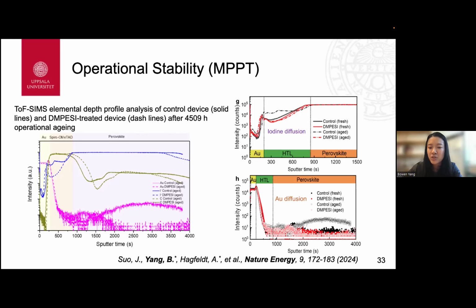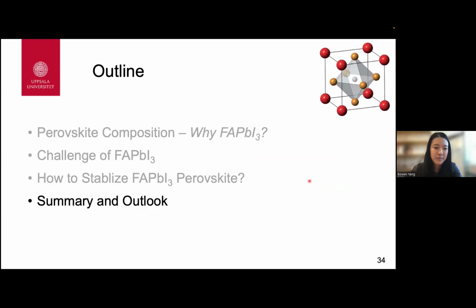This would eventually lead to a dramatic performance drop, especially in VOC and fill factor. However, we don't see much iodide and gold diffusion signals for the DMPSI treated devices. So this evidence clearly indicates that the introduction of these sulfonium molecules at the perovskite surface can effectively suppress the iodide ion and gold ion migrations, and therefore provide good stability.